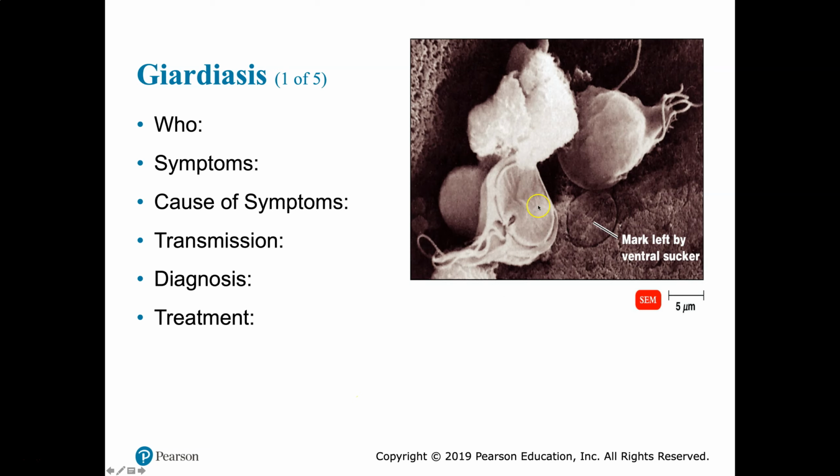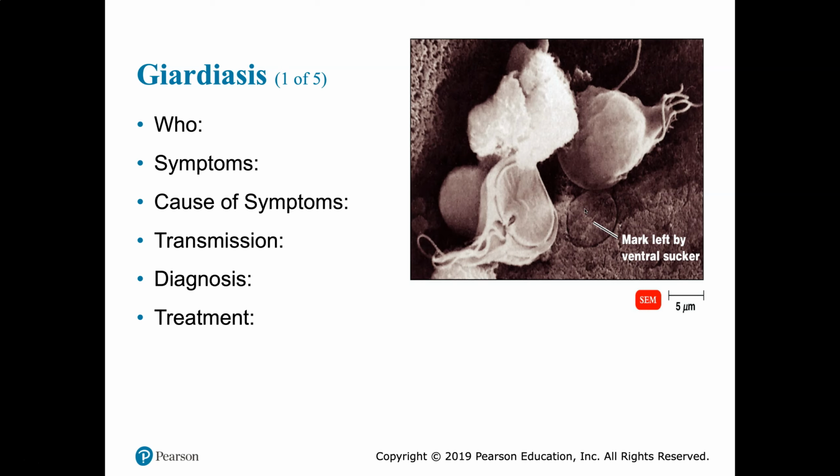So this portion right here is the Giardia protozoa. It actually forms a suction against the wall of your intestine, and when it does that, they line your intestine, and as nutrients come along, they absorb them and you don't. So it blocks absorption of nutrients in your body.